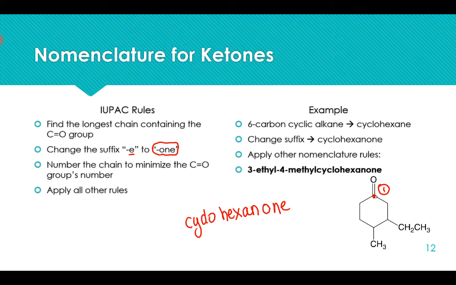If that's carbon number 1, we can number around the ring in the direction that minimizes the numbering of the other substituents. This is closest to that point, and so this is going to be number 2. No, that's number 2. That's a 3. That's a 3, and that's a 4. So it's a 3-ethyl and a 4-methyl. Ethyl is going to come first, alphabetical.